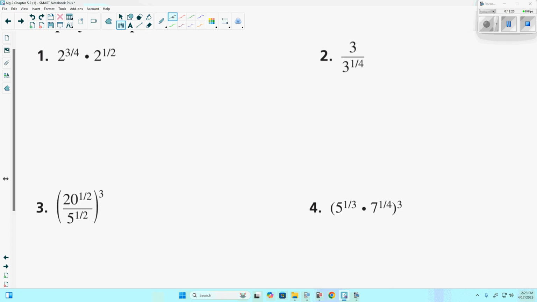We look at some more of these here. 2 to the 3/4 times 2 to the 1/2. We're multiplying like bases, so we would what? Add the exponents. When we multiply like bases, we add the exponents. So we're adding 3/4 and 1/2.